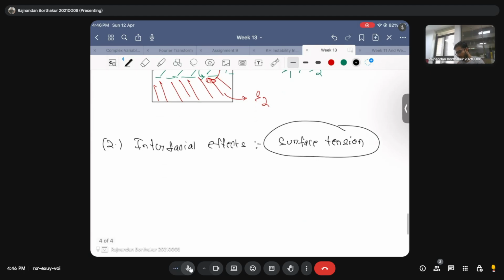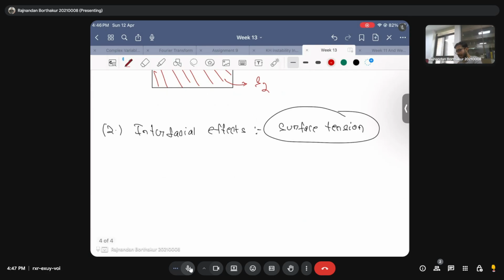So this is one example where surface tension actually destabilizes an interface, and we call this instability Rayleigh-Plateau instability, sometimes also known by the name capillary instability.